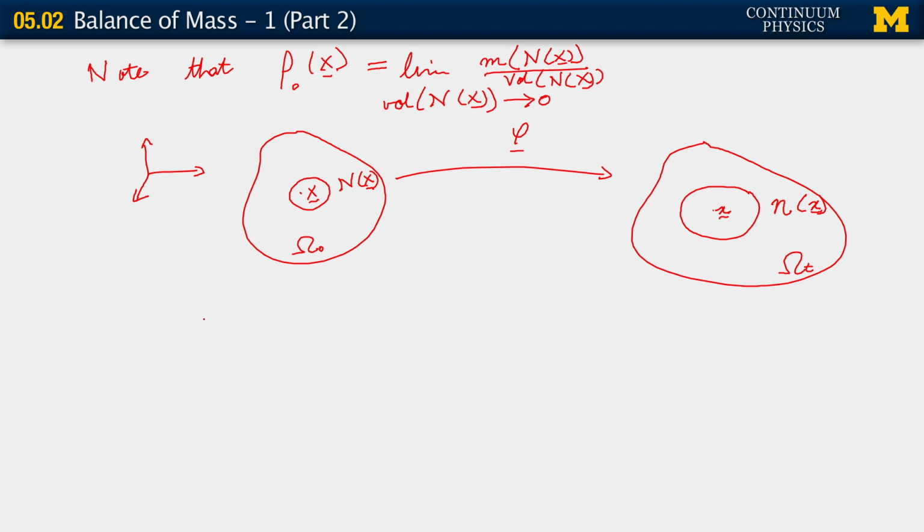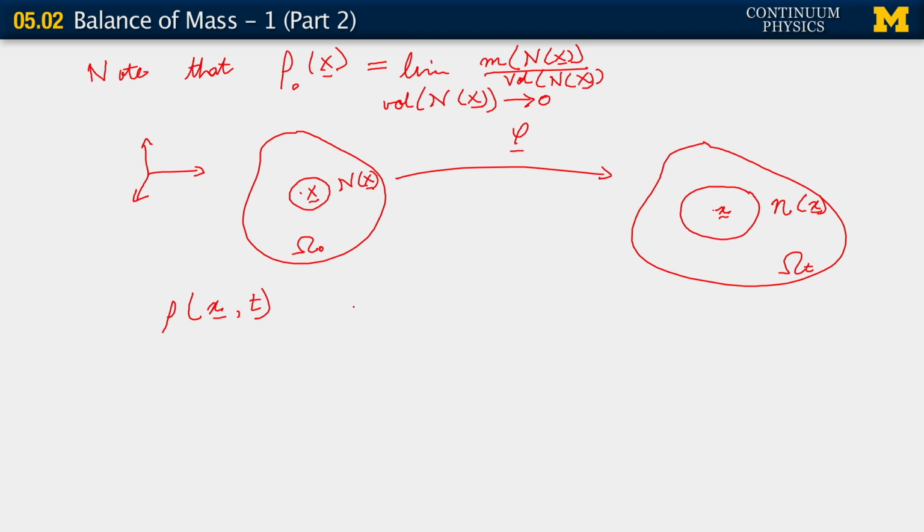So now we know, of course, that if we write out the mass density in the deformed configuration, we're going to write it as parameterized by little x because it lives on the deformed, the spatial configuration. We also know now that it can be a function of time. I'm not going to put a naught on this because it's the current or the deformed density.